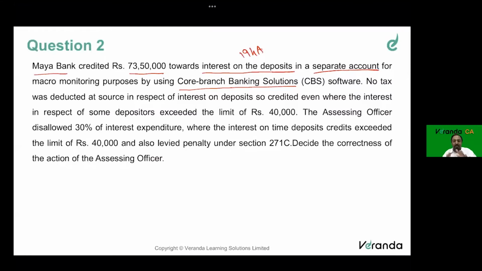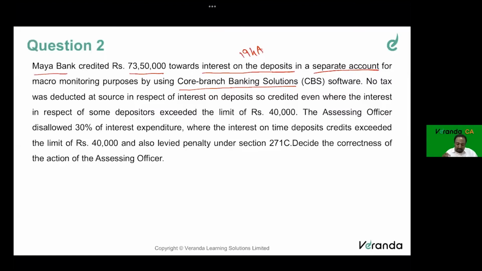For an internal bank process, this bank is crediting 73.5 lakhs in a separate account for some internal monitoring purposes for the usage of CBS. So CBS is your core banking solution. When you say CBS, it links the bank. So instead of transacting only in your branch, if you are able to transact in any other branch and everything is accounted as one, it is called core banking solution.